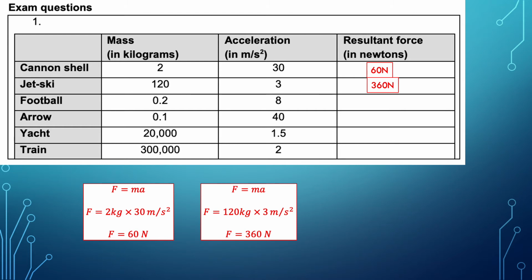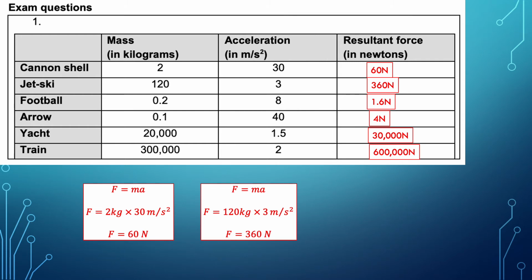Okay, so a football weighs 0.2 kilograms, accelerates at 8 meters per second squared, multiply them together, and you get 1.6 newtons, and you get 4 newtons of force if you shoot an arrow at an acceleration of 40 meters per second squared.